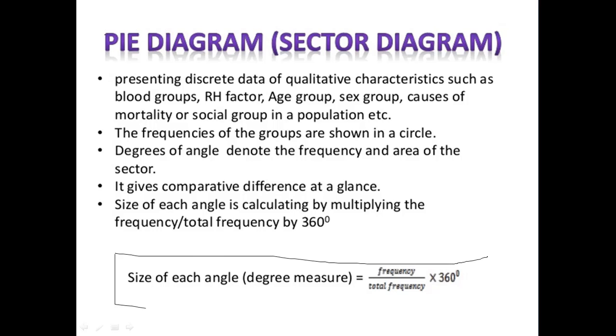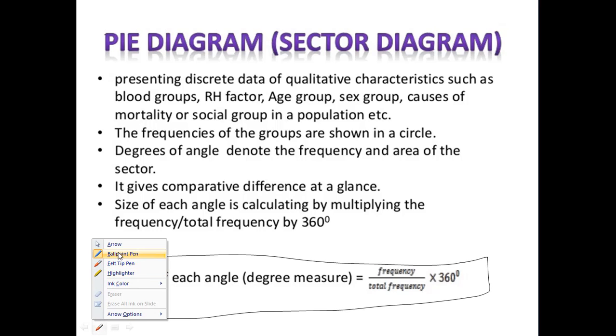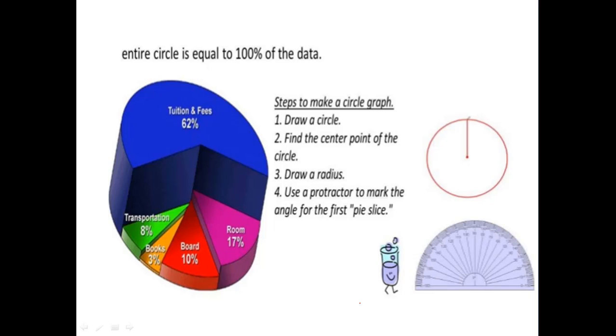This is a very important formula that we need to understand and remember whenever we are dealing with pie diagrams. The entire circle is considered equal to 100% of the data.